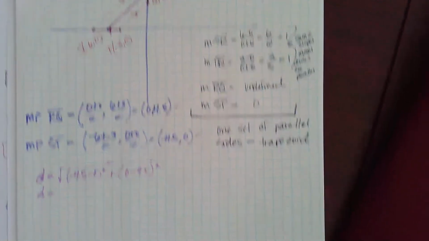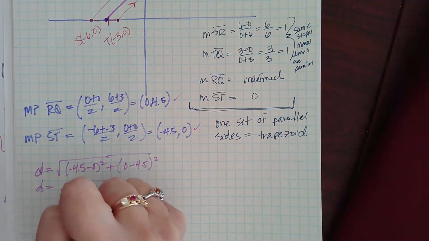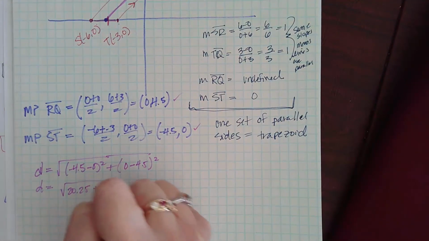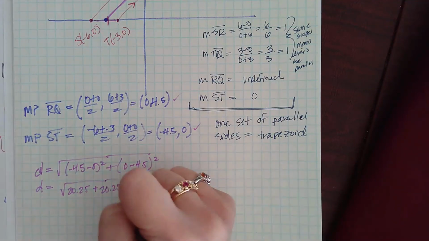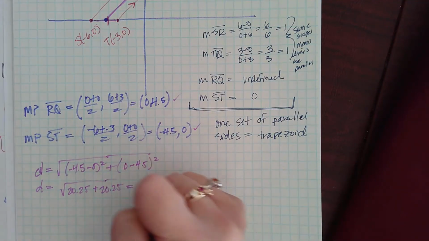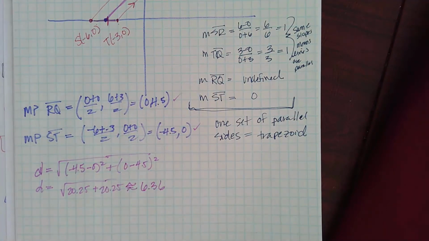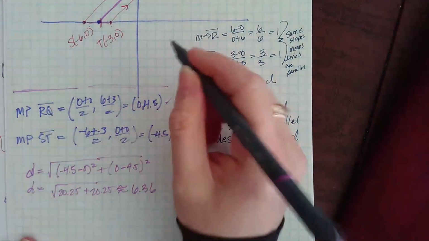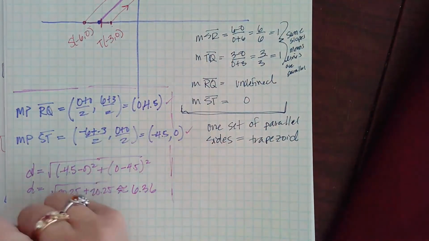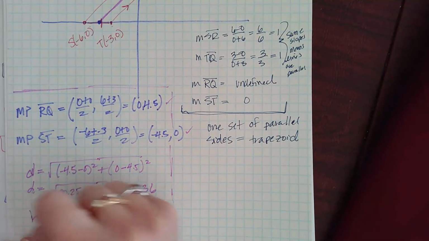If I square, I get 20.25 plus 20.25, which equals, this one is not going to be one we can reduce the radical, so it's about 6.36. So this is one way of finding the length of the midsegment.